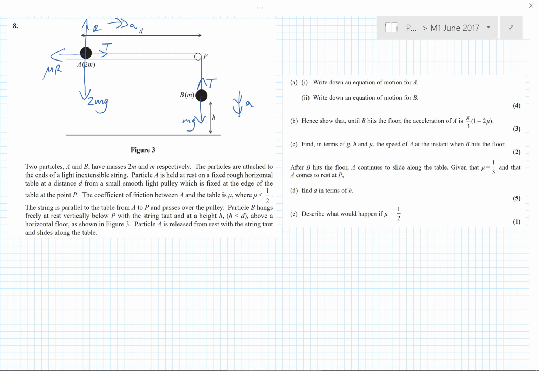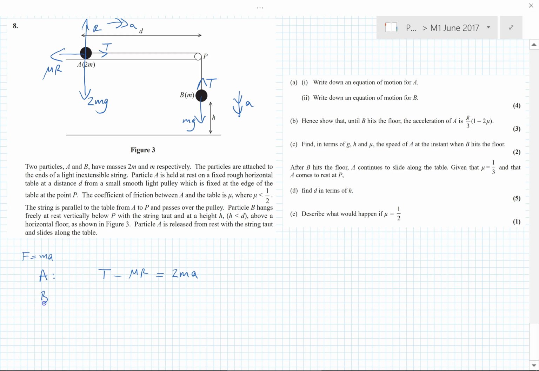So we're just going to apply F equals ma to find these two equations for the motion of A and B. F equals ma for A, well, we can just say that it's accelerating in this direction. I've got T minus friction, which I'm just going to write as mu R at this stage. For the marking, just put F, it doesn't really matter, is equal to mass, which is 2m, times acceleration.